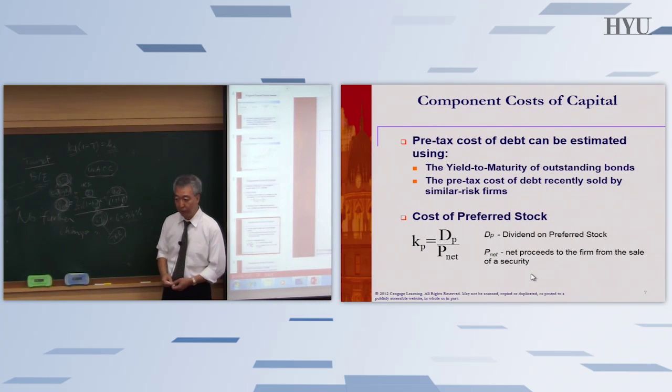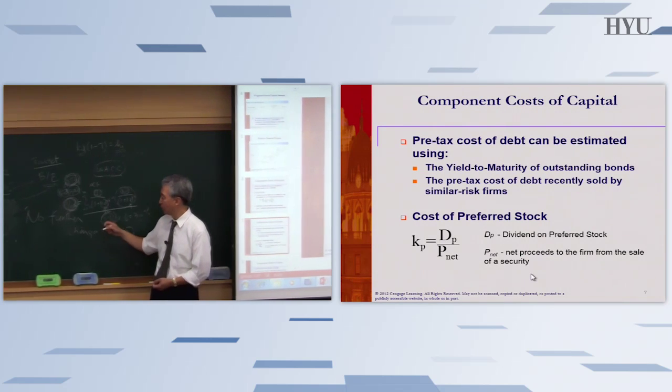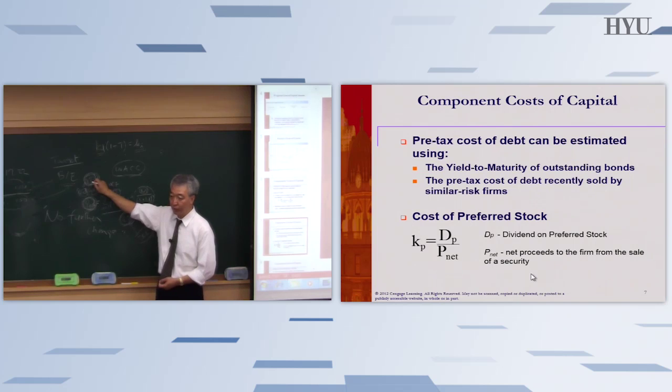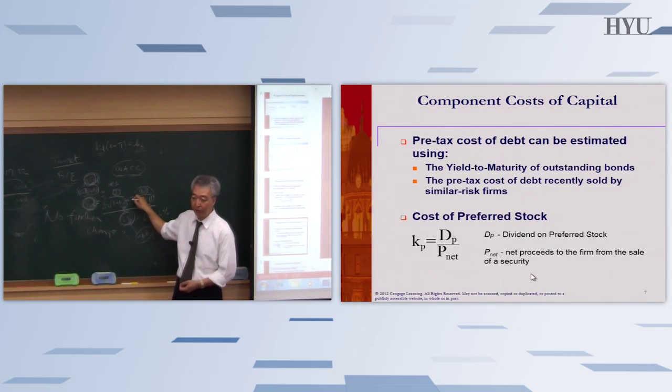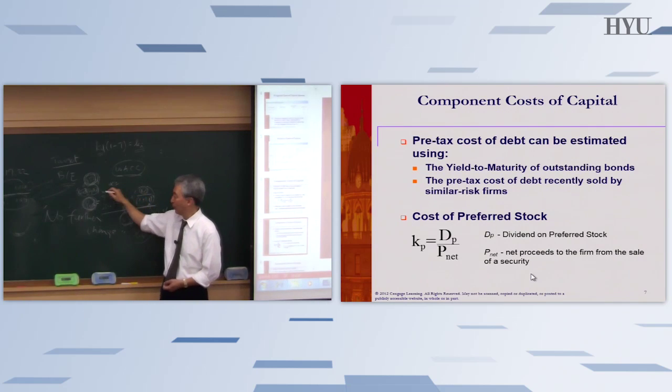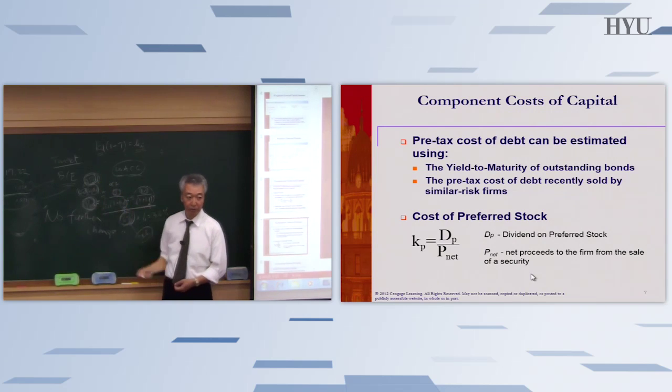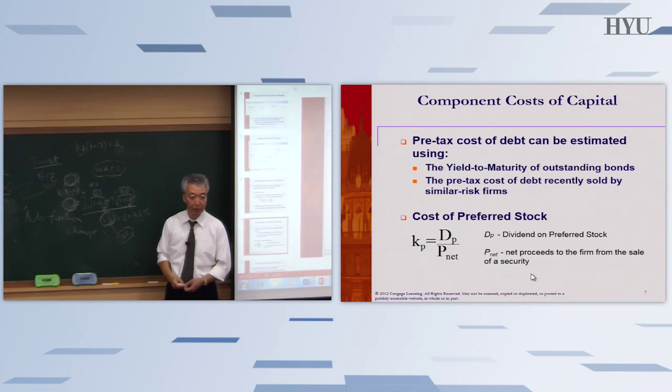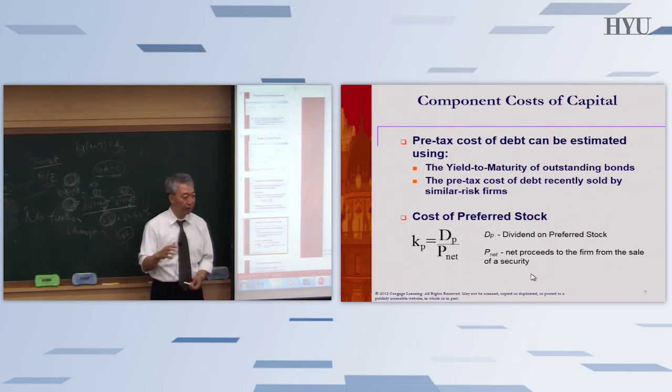The problem is you don't know the internal rate of return until you actually try to sell this bond and see how the market determines the price, right? So there is a little bit of this timing problem.